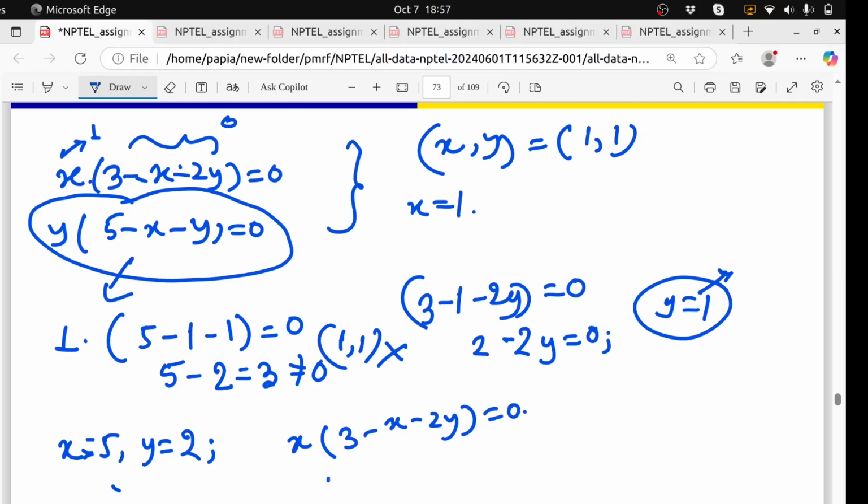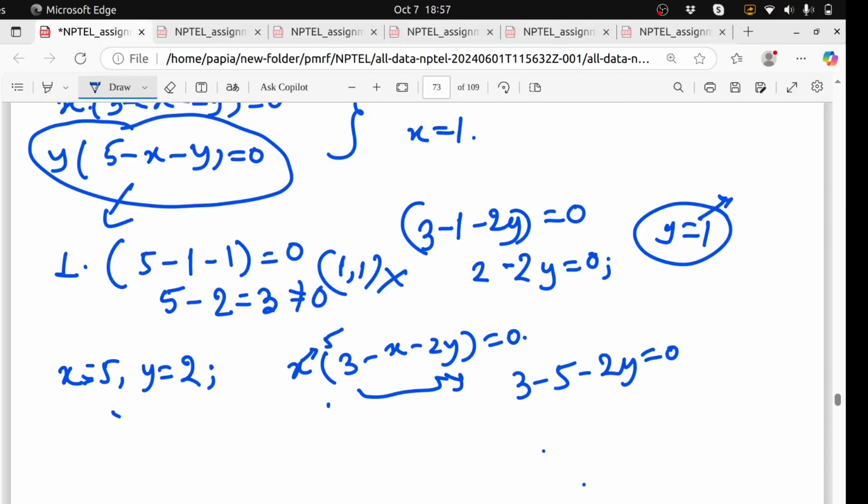Now x equals 5 means this factor is not going to 0, so the bracket should be 0. So 3 minus 5 minus 2y equals 0, which gives minus 2 minus 2y equals 0. So y is minus 1. That is not coming as 2. So the (5, 2) combination is also not correct.